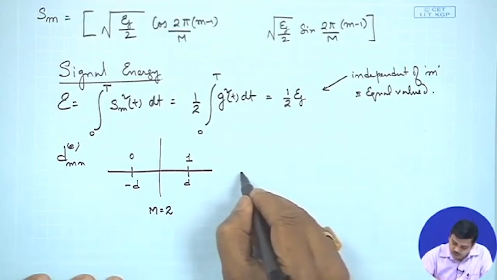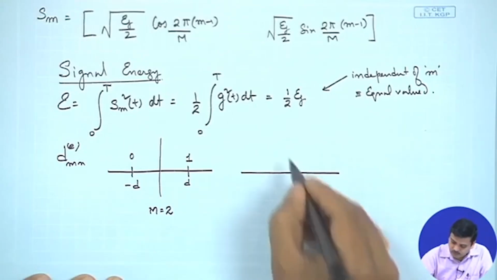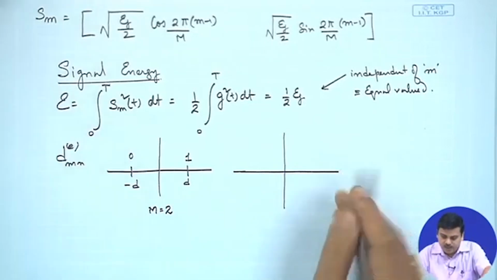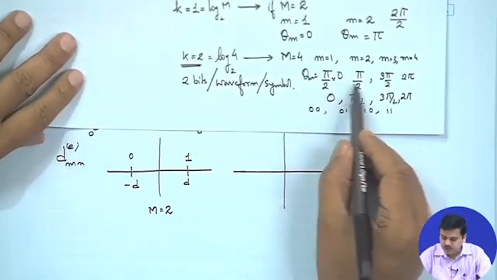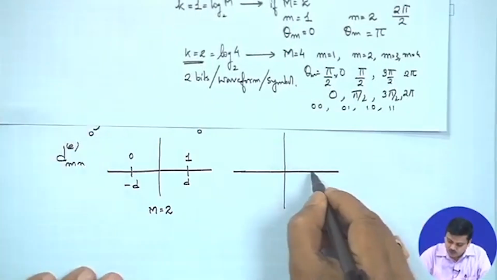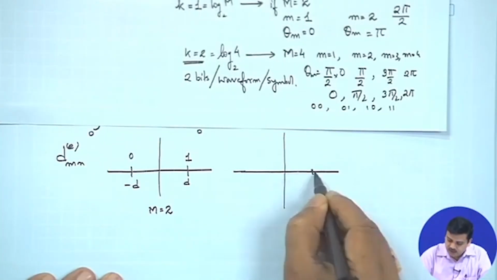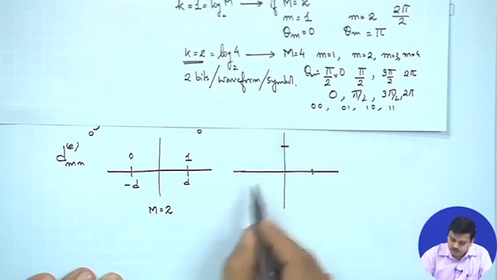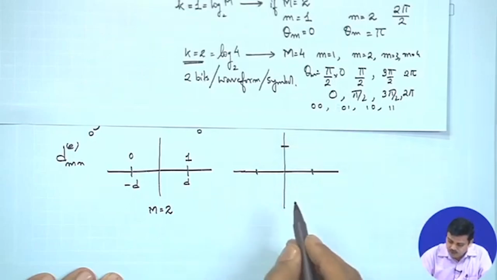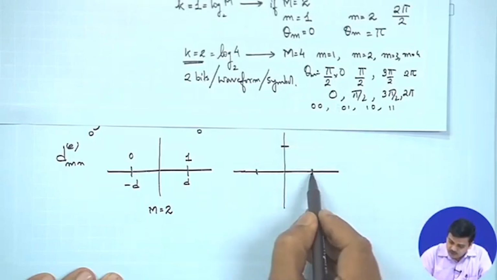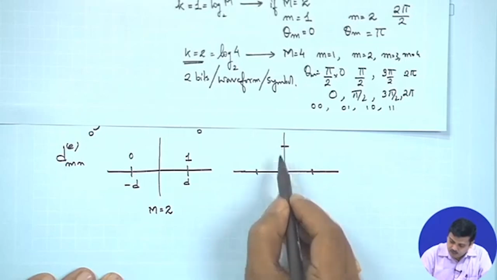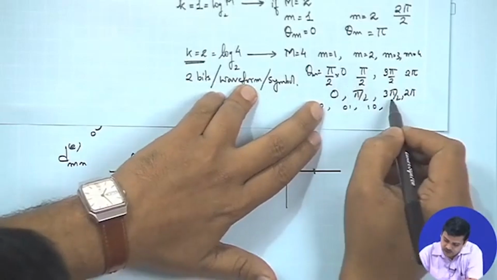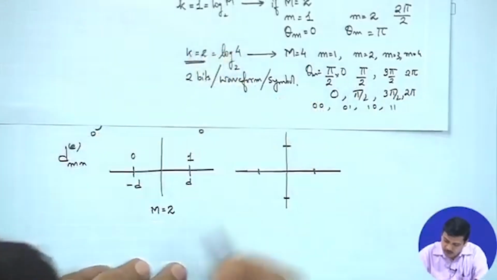For M equals 4, again we had worked it out before. These are the angles that you have. One is at 0 degrees, the other is pi by 2, and another is 3 pi by 2, sorry, we have made a mistake here.